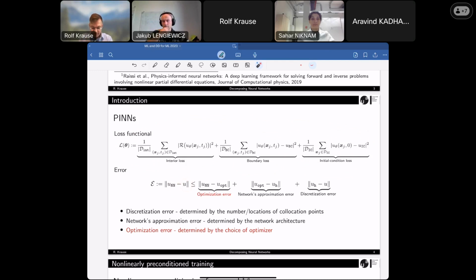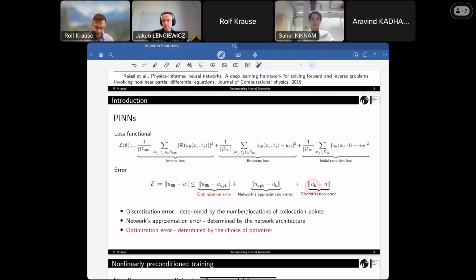Then your network will provide some solution, which is this one here, for, let's say, a fixed finite element or finite difference space you choose. You know, or would know in principle, about the discretization error. So you could do the following triangle inequality.